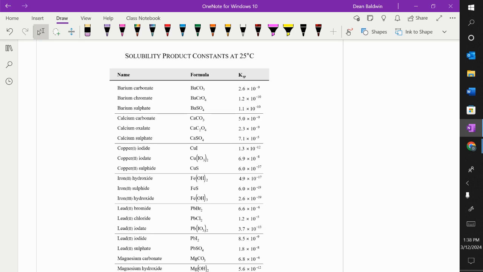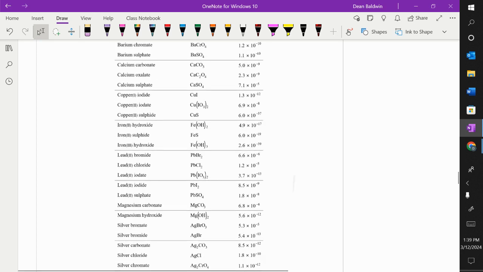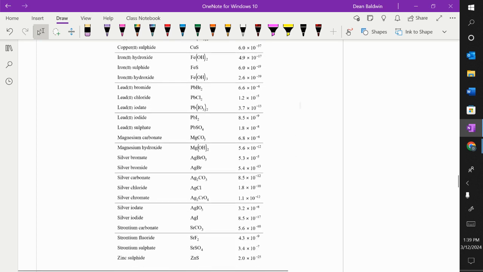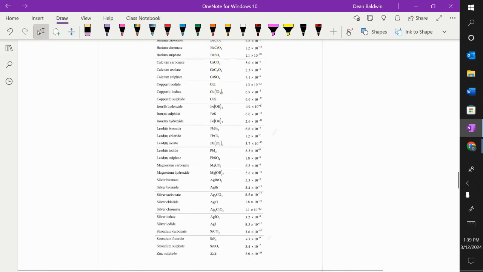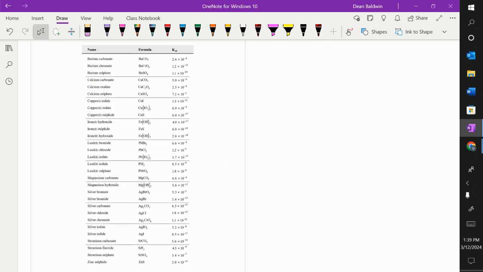Why do we have to specify temperature? Because KEQ, just the same as KSP, will change with temperature. You can see some things like iron hydroxide has a very low KSP, 2.6 times 10 to the minus 39. So this is going to be a reference page for you going forward.